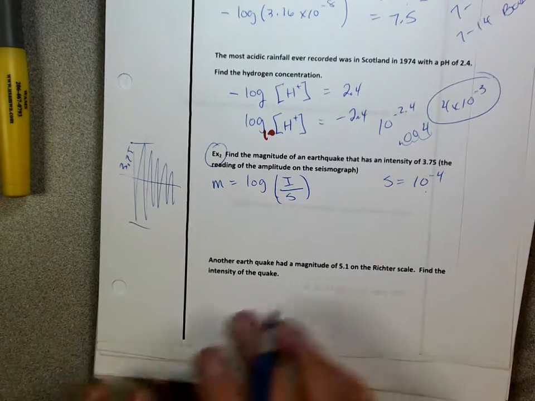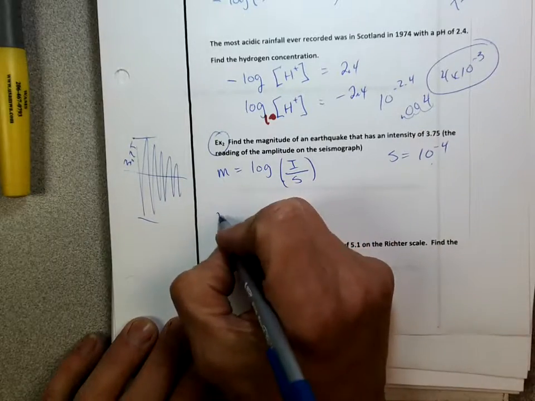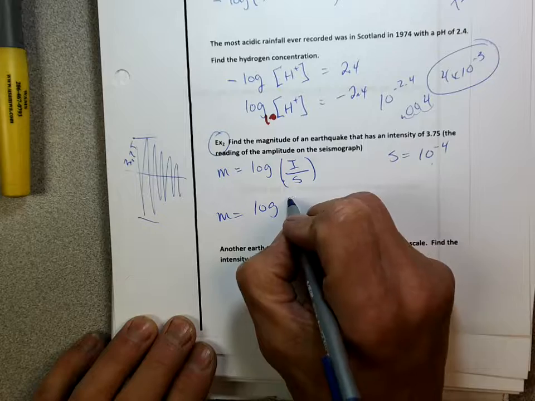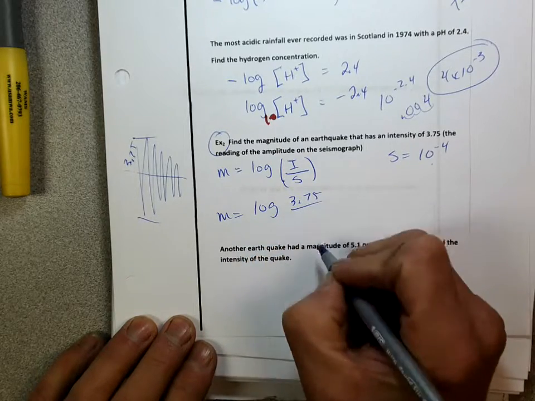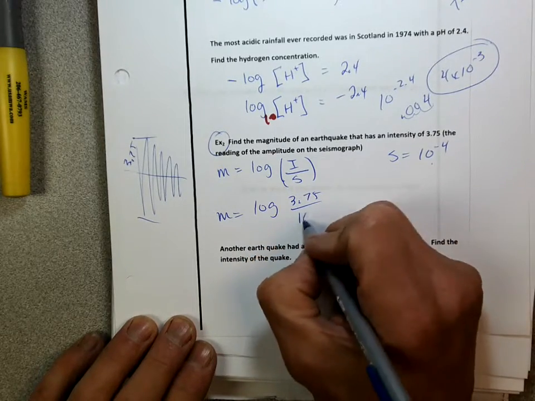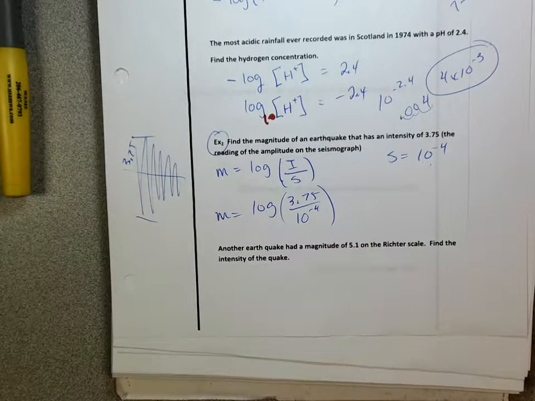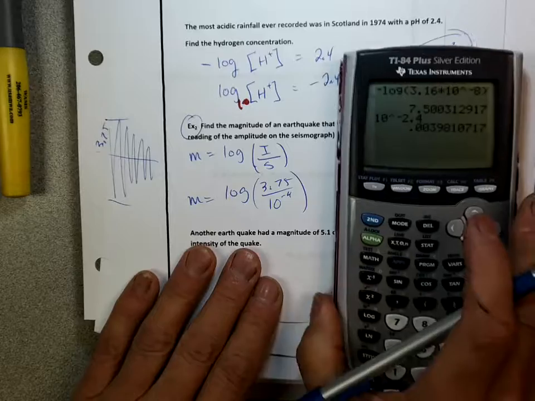So if you just plug this in, M is log of my 3.75 divided by my 10 to the negative 4. We just use our calculator, right? Just use your calculator.